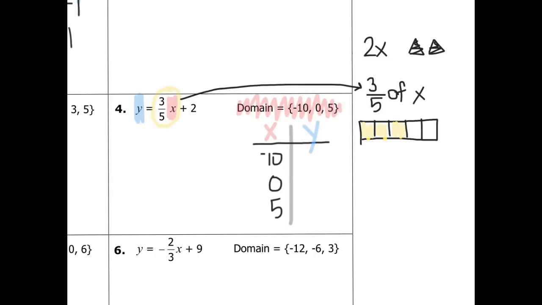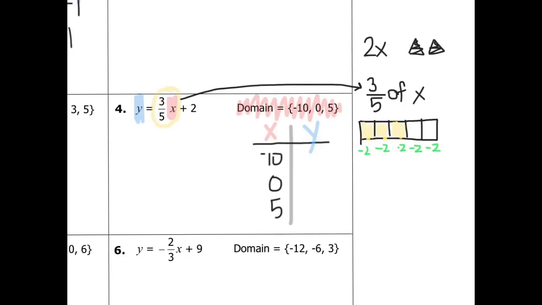The first thing I have to find is 3/5 of -10. Well, the first thing I need to do is divide -10 equally among my fifths. If I divide -10 equally into 5 different parts, because that's what fifths are, each part would be worth -2, -2, -2, -2, and -2.